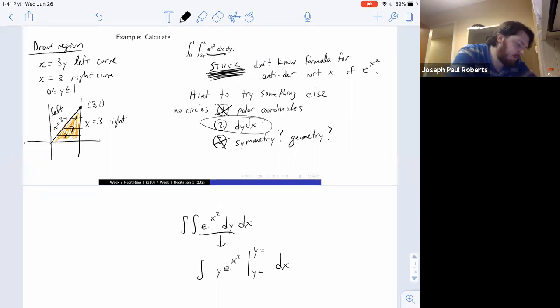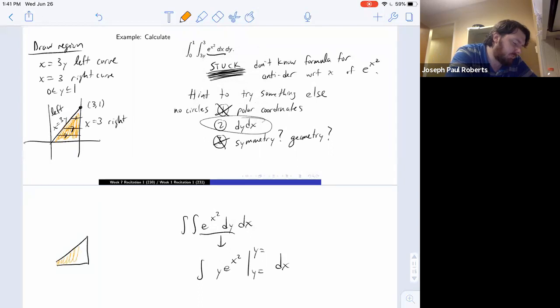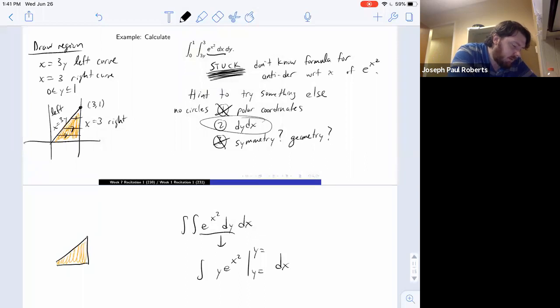Okay, let's figure out these bounds then. It's going to be the same triangle. For dy dx, we're doing bottom and top curves.